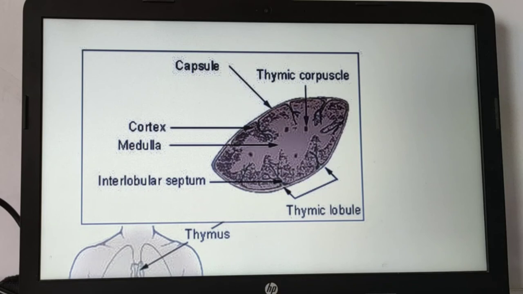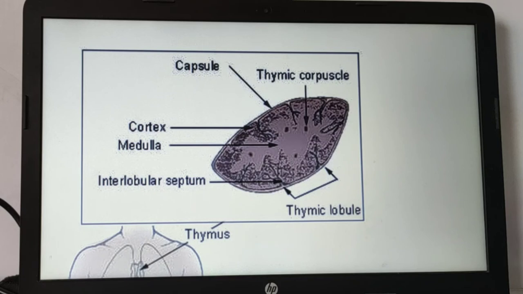So what is the T lymphocyte and what is its function? Basically this T lymphocyte is called a thymocyte, and it is the thymocyte that secretes the hormone thymosin.